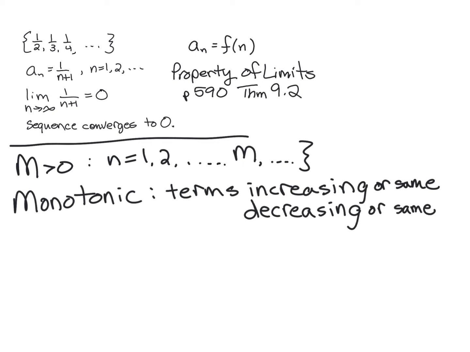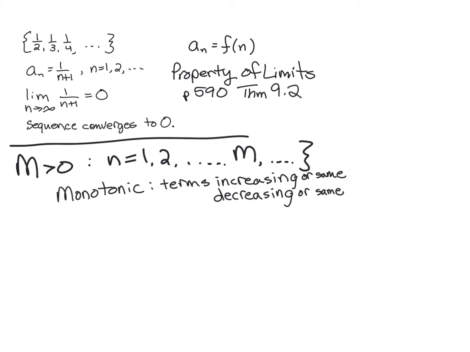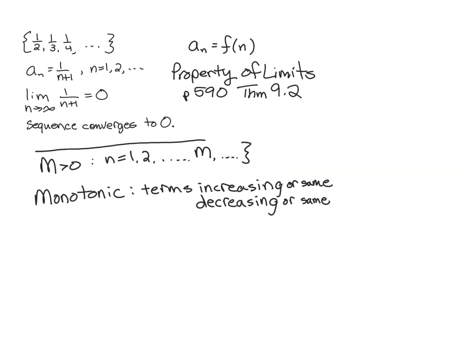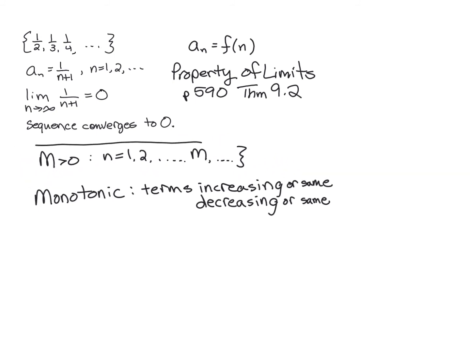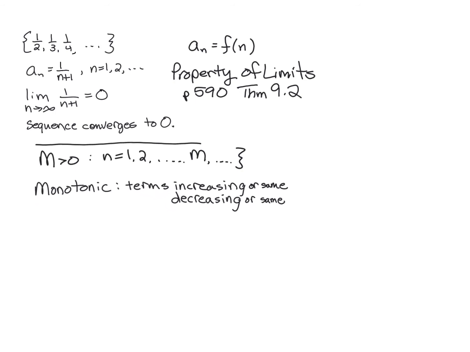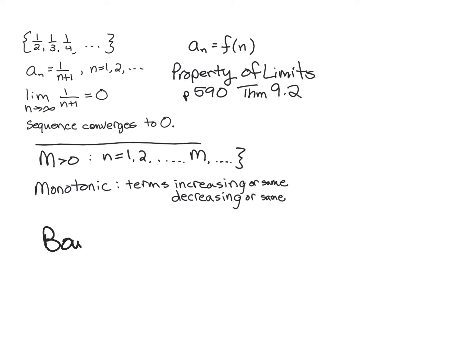Now, if a sequence is monotonic, sorry, I'm still learning. If a sequence is monotonic and it's also bounded, bounded means that there is an absolute highest value and an absolute lowest value.